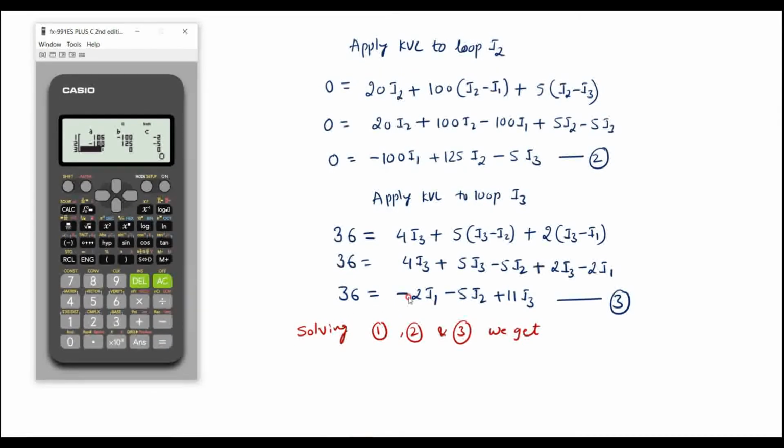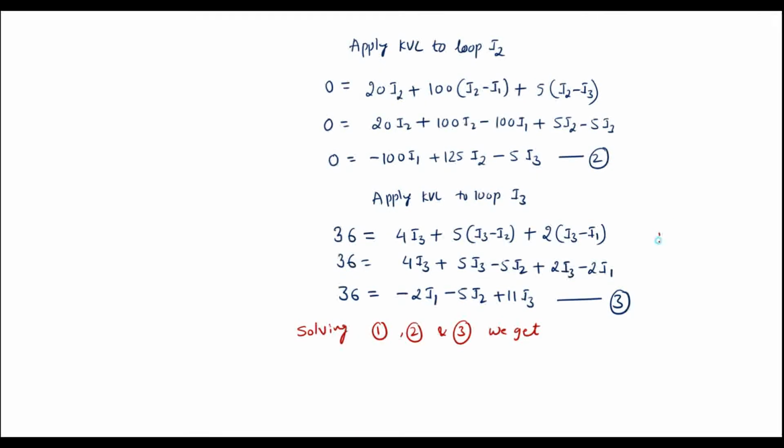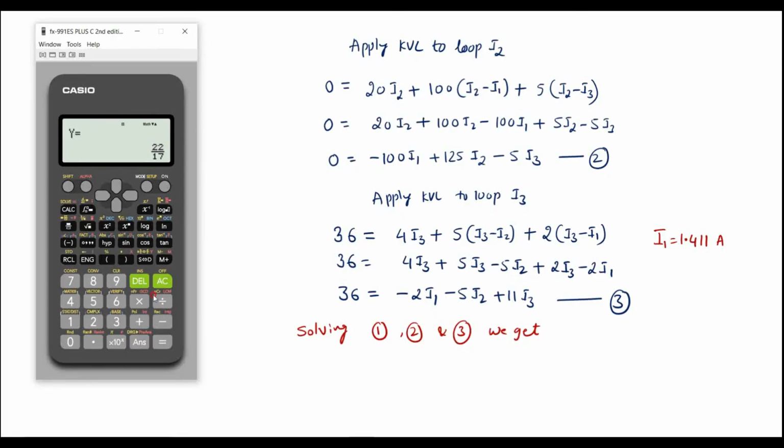Next in the third equation, coefficient of I1 is minus 2. Then we have minus 5. Then we have 11. And we have 36. So press equal. Here X is nothing but I1. So I1 is 1.411 amp.